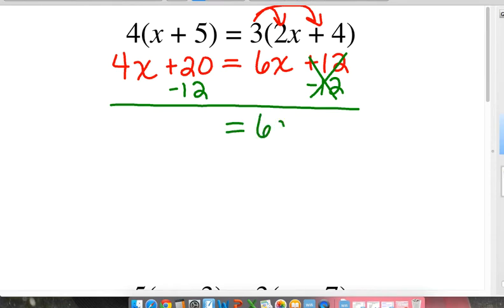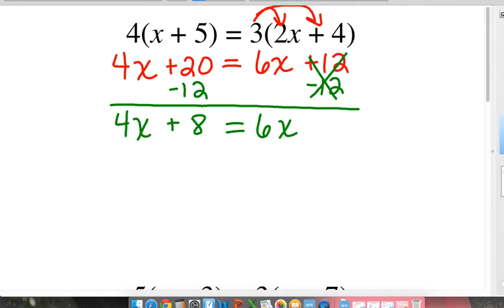On the right, all I have left is a 6x. On the left, there's my 4x, and positive 20 minus 12 is positive 8. Now I need to get those variable terms together. That 4x on the left and that 6x on the right, those guys belong together. They're like terms.